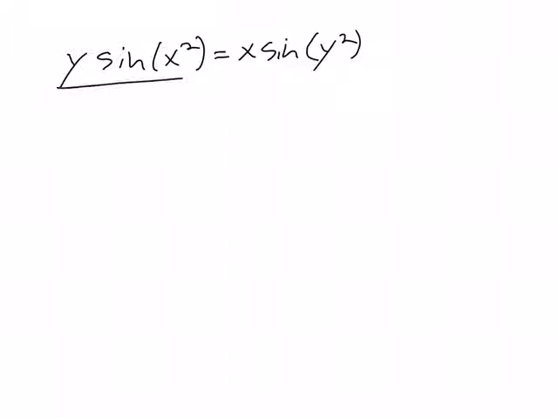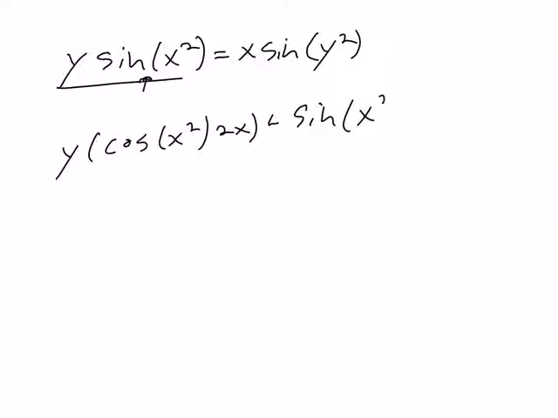Let's skip to problem 14. So we have y sine of x squared is equal to x sine of y squared. So this is going to give me y times the derivative of this, which is cosine x squared times 2x, plus, and then I'm going to have sine of x squared times the derivative of y, which is dy over dx.